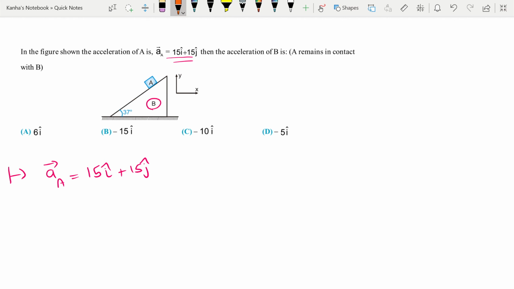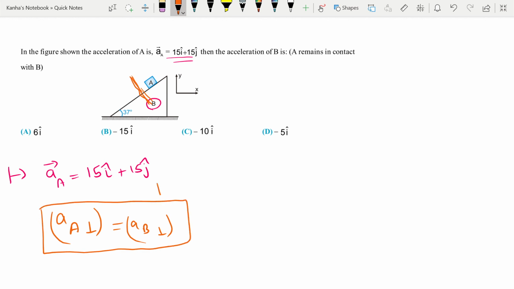Because of the constrained motion of the wedge, there is a condition that acceleration of A in the perpendicular direction is equal to acceleration of B in the perpendicular direction, where perpendicular means perpendicular to the surface, so in the normal direction. This is the wedge constraint, and this will be useful in many of the problems that you might do in this chapter.